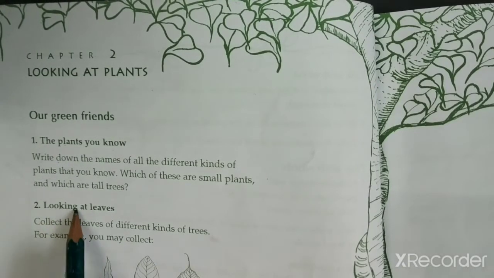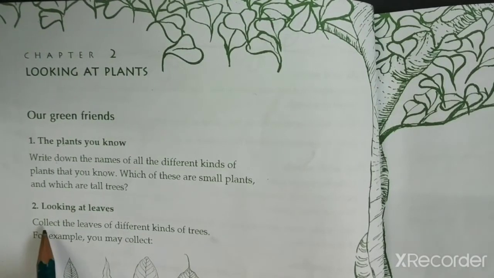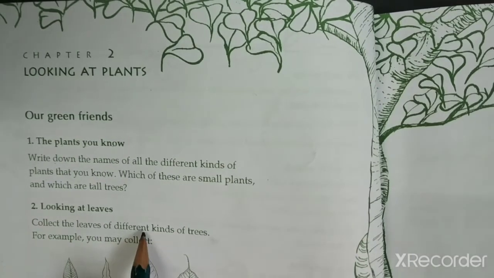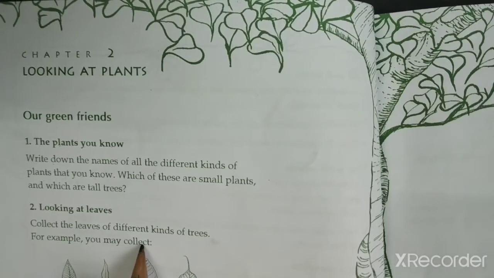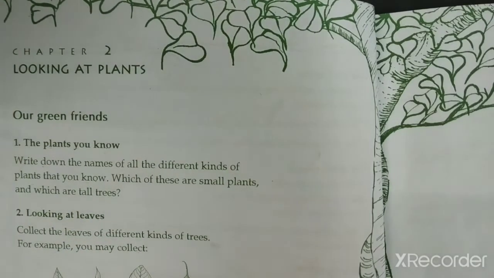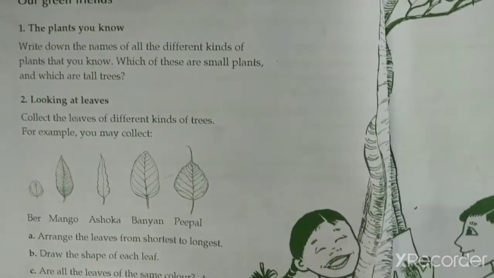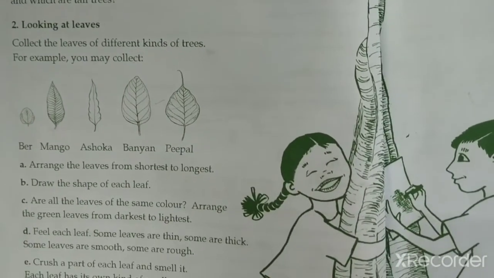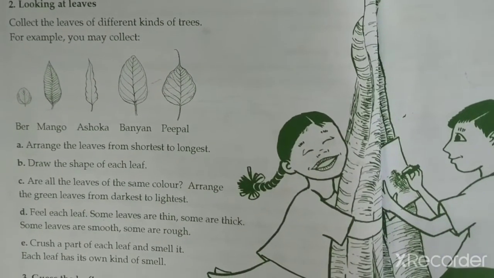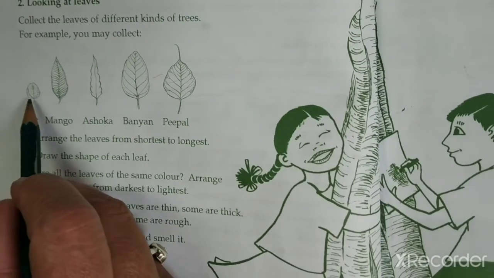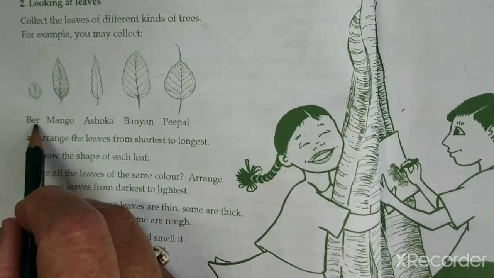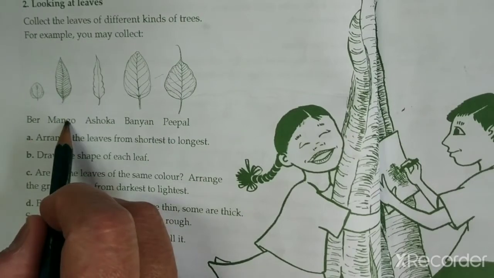Second, looking at leaves. Collect the leaves of different kinds of trees. Here, children, we have shown you many different types of leaves and given their names also. This is a small leaf of the ber plant. This is mango.